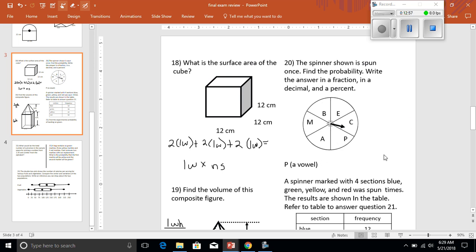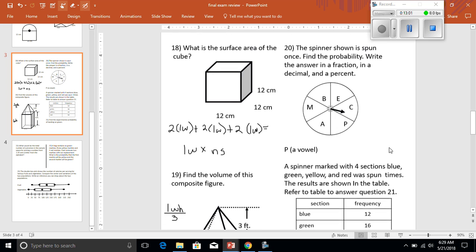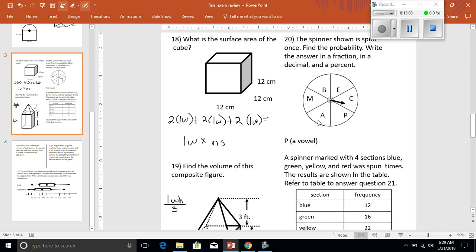So if P being a vowel, let's see here. We have 1, 2 vowels. So that tells you there are 2 chances out of 6. So the fraction form would be 2/6, which can be reduced to 1/3, right? And I'll let you figure out the rest.